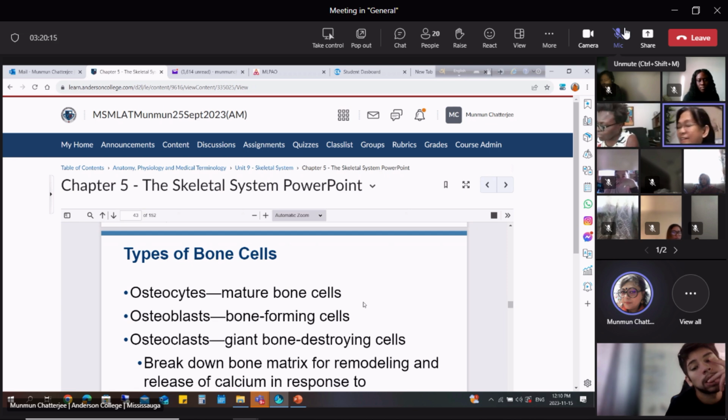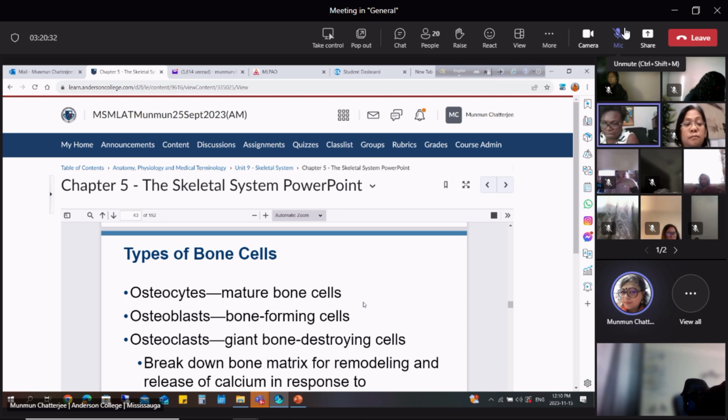Clear. So osteoblast is one class of osteocyte which is responsible for bone formation. And osteoclast is a division of osteocyte which is responsible for bone destruction.